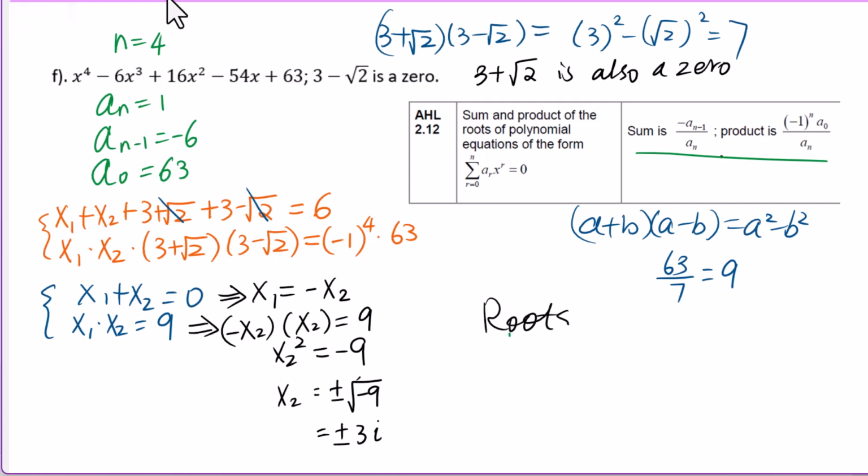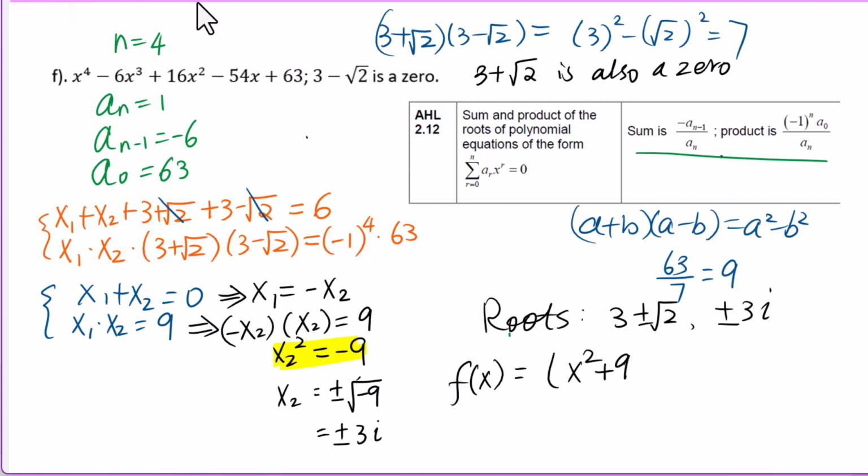Let's draw the conclusion. The roots are 3 plus or minus square root of 2, and plus or minus 3i. For f of x, from this we can figure out the factor x squared plus 9.